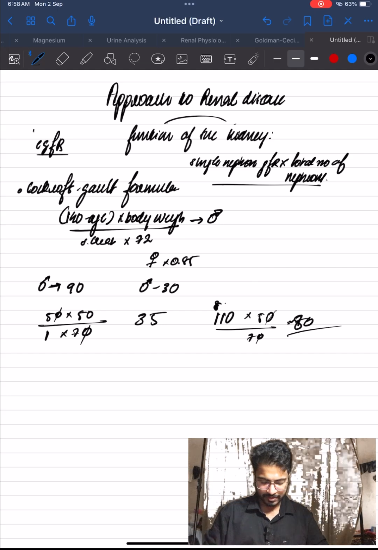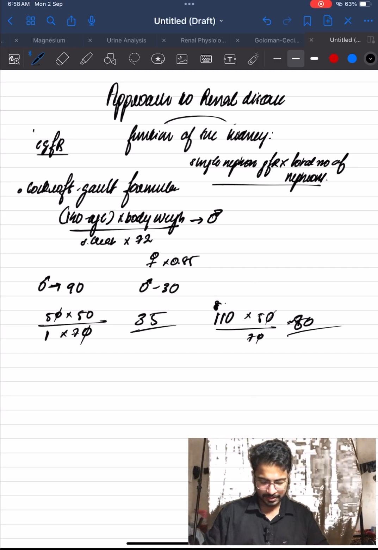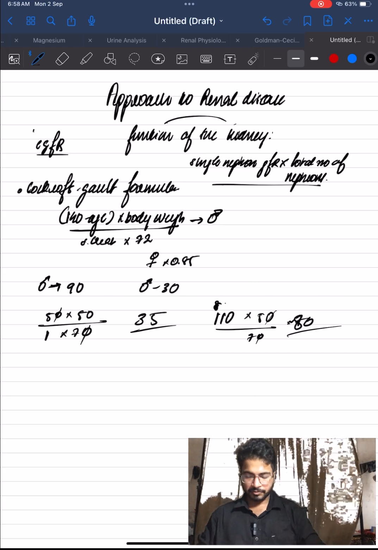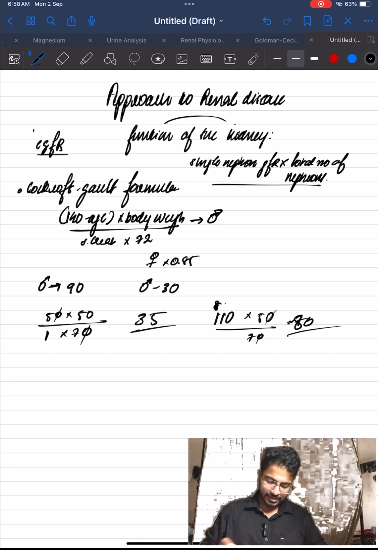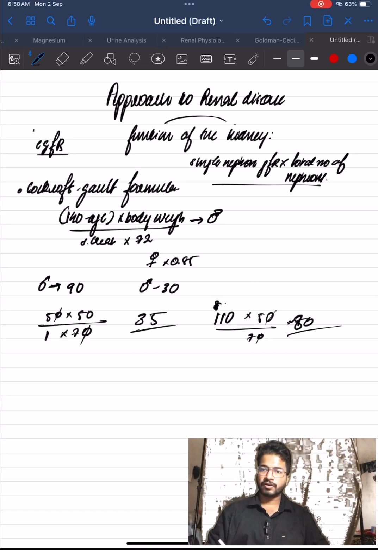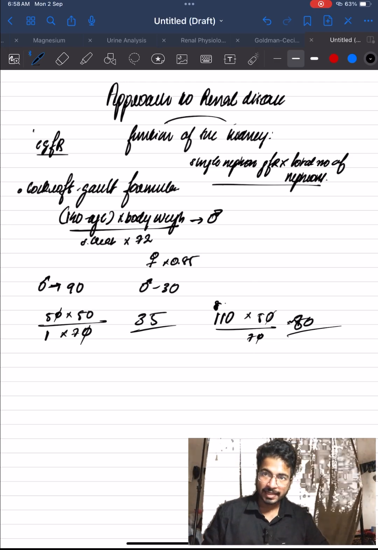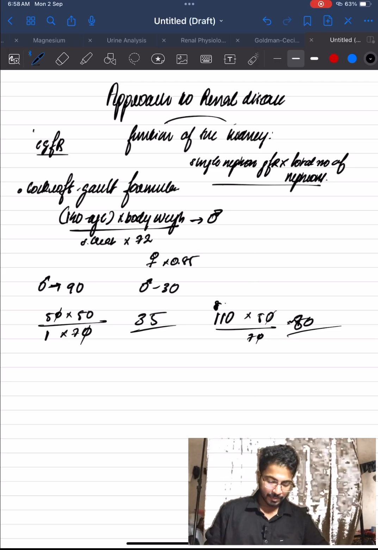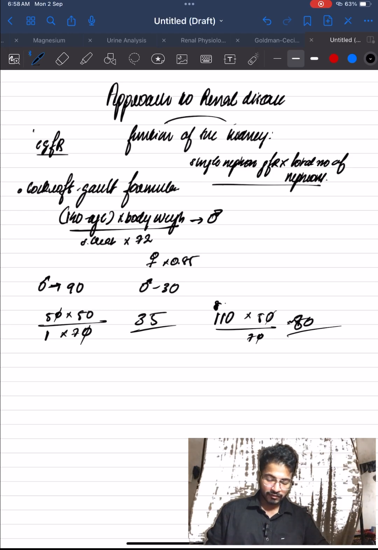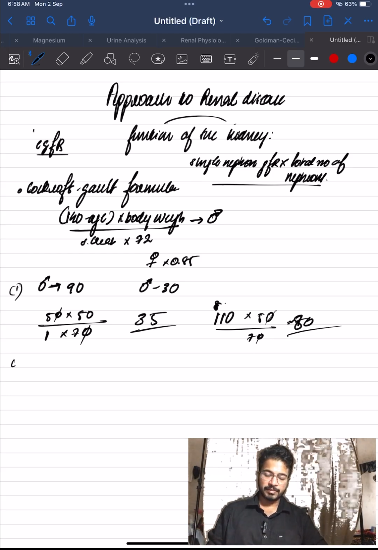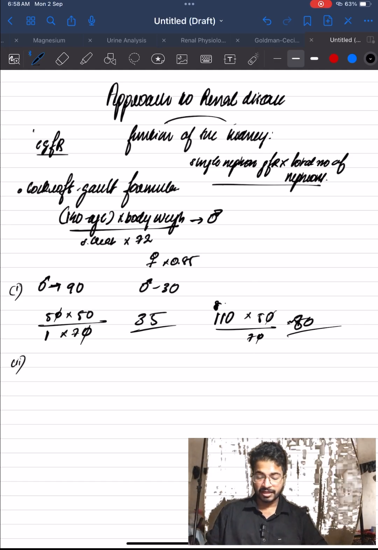Exactly, 550 by 7 is 78.57, approximately 80. So this is the issue with the Cockcroft formula, the overemphasis on age. With the same creatinine, the 90-year-old male patient will have 35, and the 30-year-old will have 80.